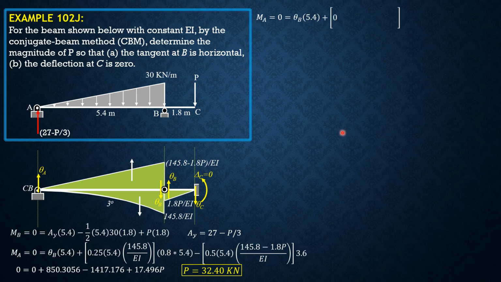So theta B times 5.4 plus 0.25 times 5.4 times 145.8 over EI times quantity 0.8 times 5.4, and minus 0.5 of 5.4 times quantity 145.8 minus 1.8P over EI times 3.6.